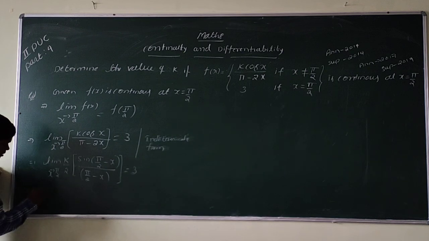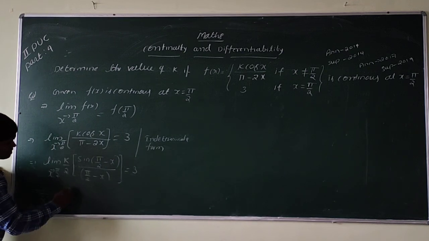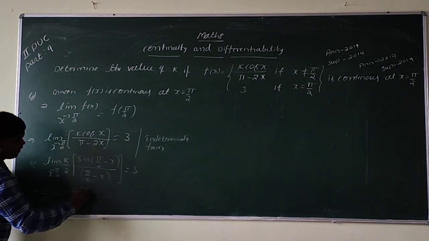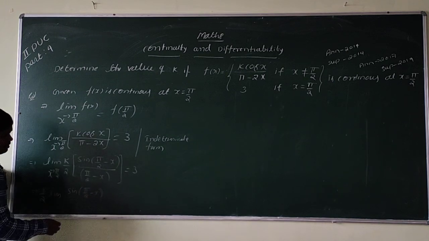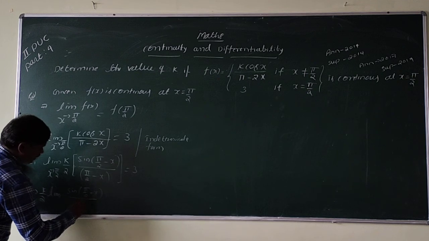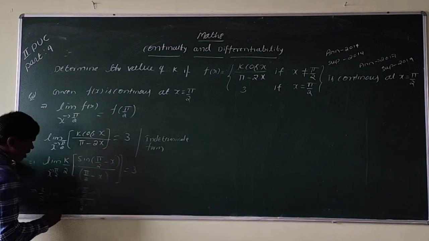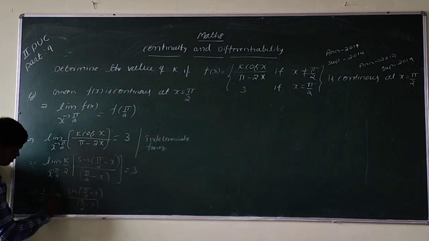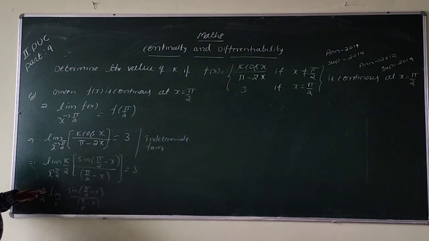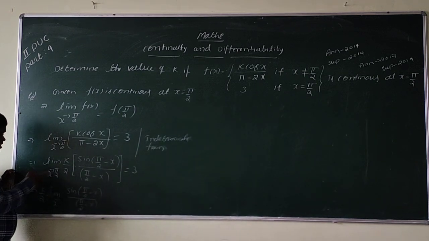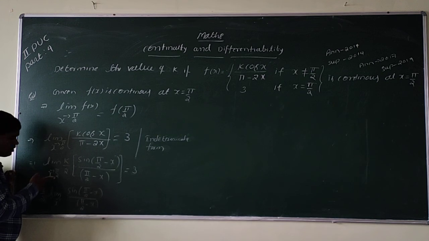So this implies k by 2 into the limit of sin(pi by 2 minus x) divided by (pi by 2 minus x) as x tends to what here? As the value of x tends to pi by 2, that means x approaches pi by 2, it is almost equal to pi by 2.